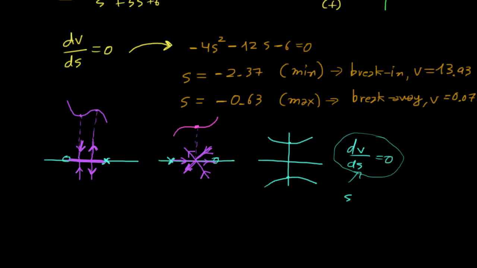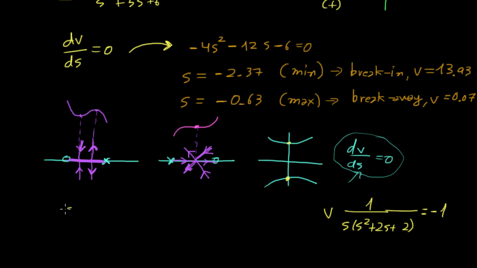If you want to practice that, you can use the following example: s times 1 over s times s squared plus 2s plus 2 equal to minus 1. In that case, the solutions of dv over ds do not belong to the root locus. So the criterion is sort of misleading us, because it is telling us that there are breakaway or break-in points in some position in the plane, and that is not the case.